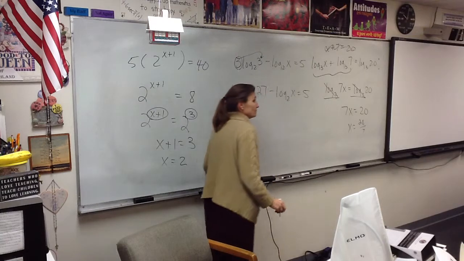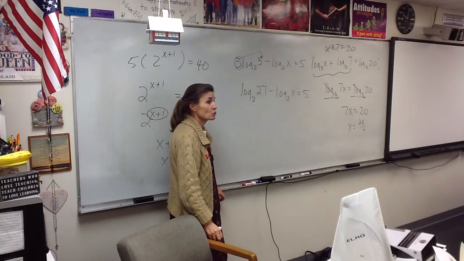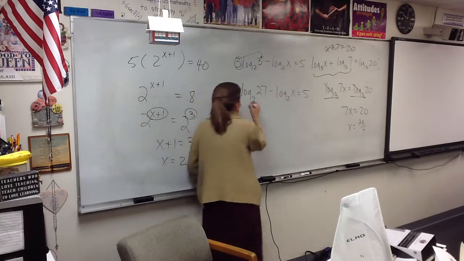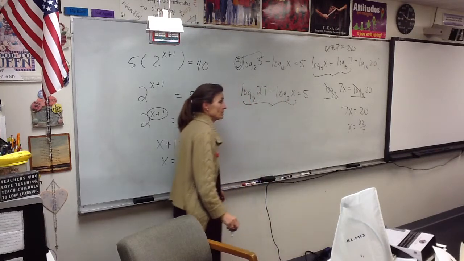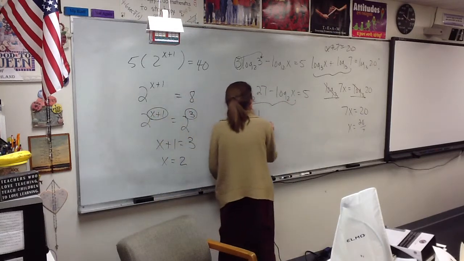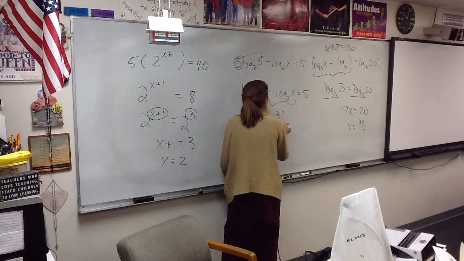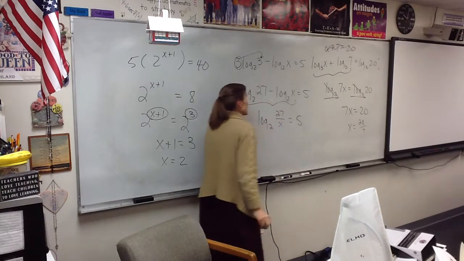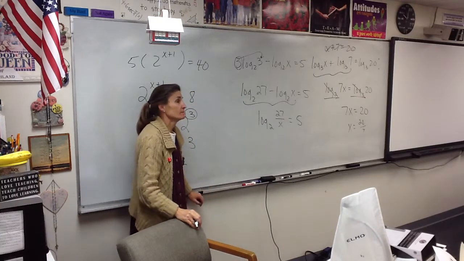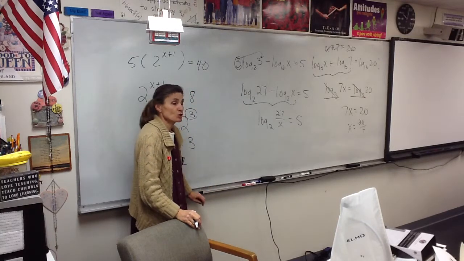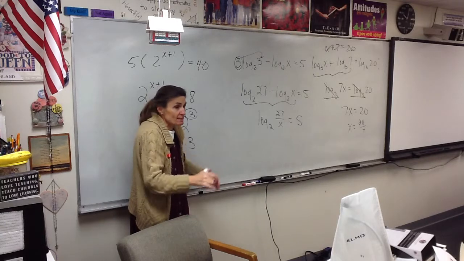Okay, now what? Gotta squish. So it's gonna be the log base 2 of what? 27 over x. Why is it 27 over x? Because it's a subtraction. Subtractions get squished as divisions.